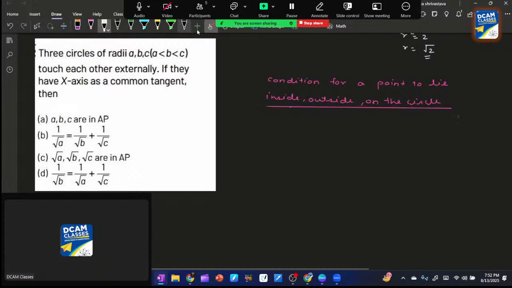You keep on solving this question, writing it, writing the other concept.